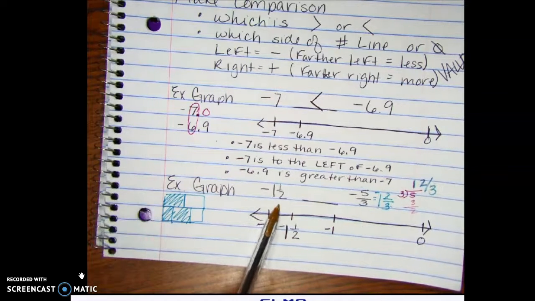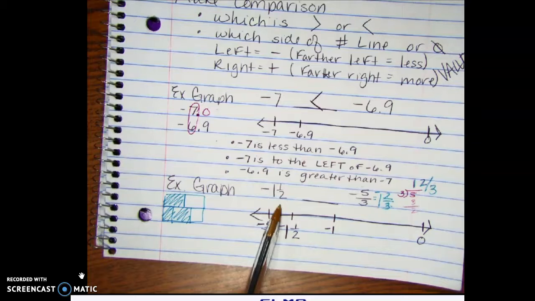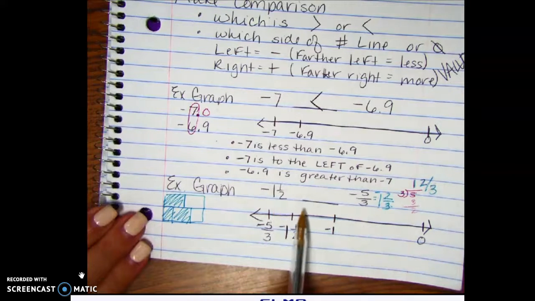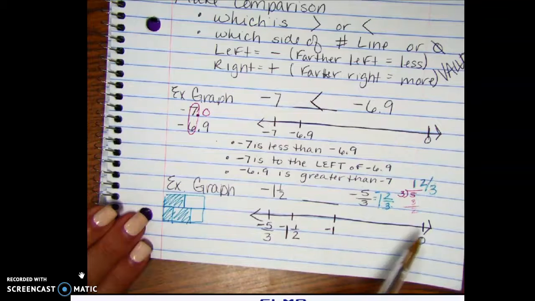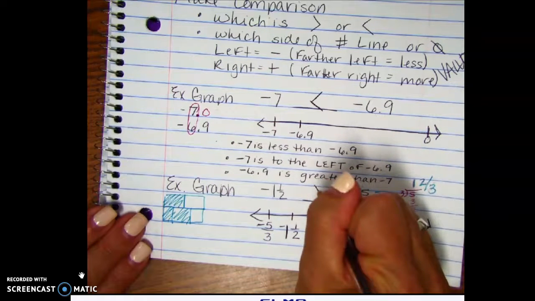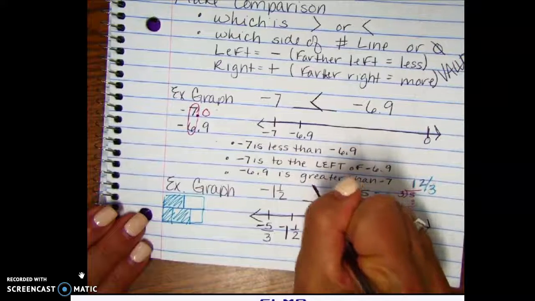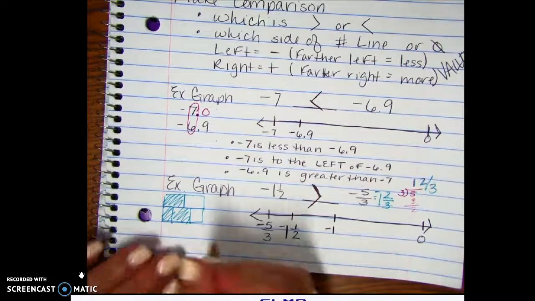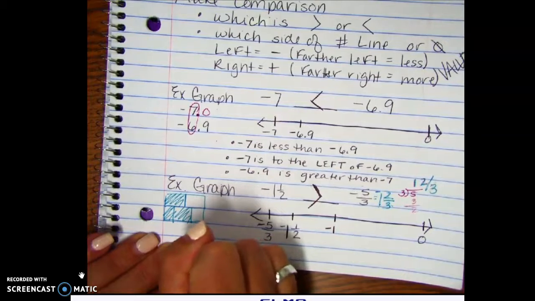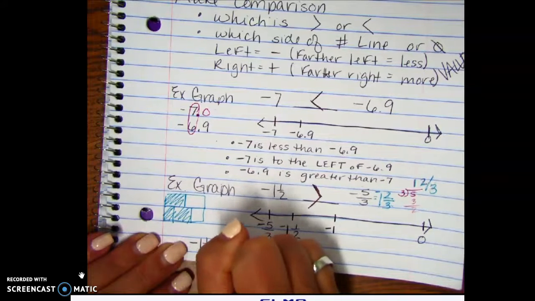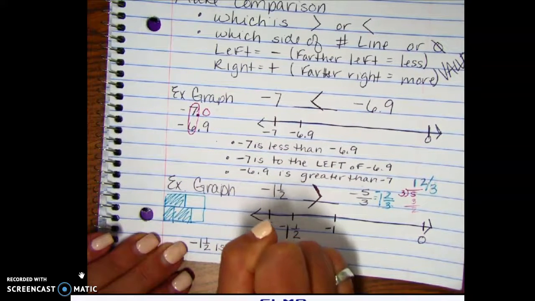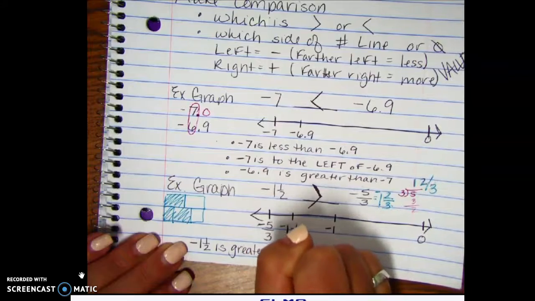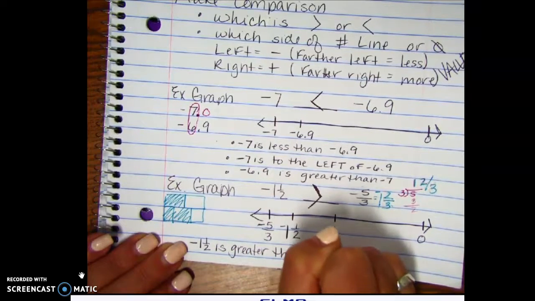Now, how do we write this as far as using a comparison symbol or an inequality? Well, 1.5 is closer to 0 than 5/3, so the alligator eats that number. And how would we say this? We could say negative 1.5 is greater than negative 5/3.